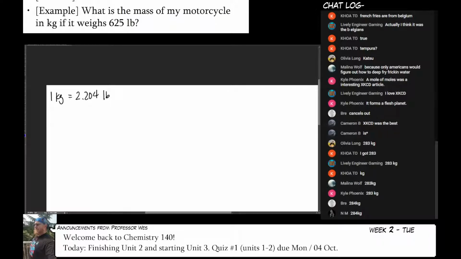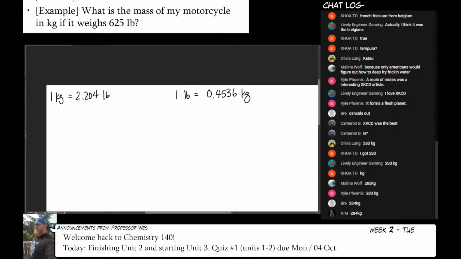Now, you might have done this conversion in Google, and it gave you this conversion instead. 1 pound equals 0.4536 kg. Those aren't the same at all, are they?